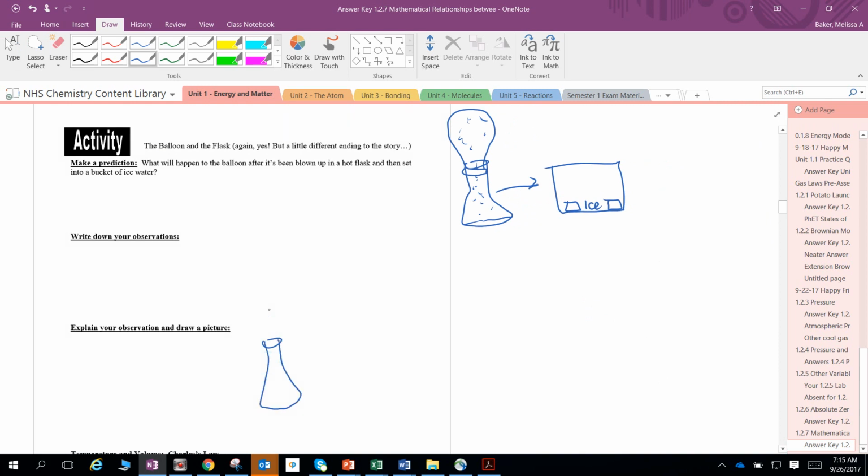So the balloon actually goes down into the flask. And that's because now these particles inside the flask are moving so slowly that it's a decreased pressure.